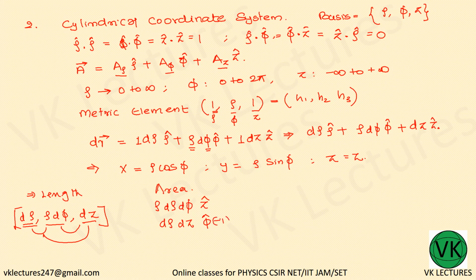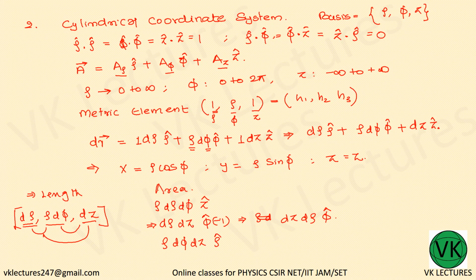Now, what you have to write is rho d phi dz in the direction of rho cap. And one more thing you can write: dz d rho in the direction of phi cap if you go cyclic.